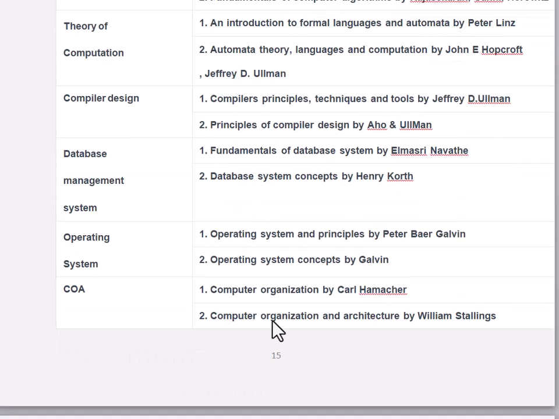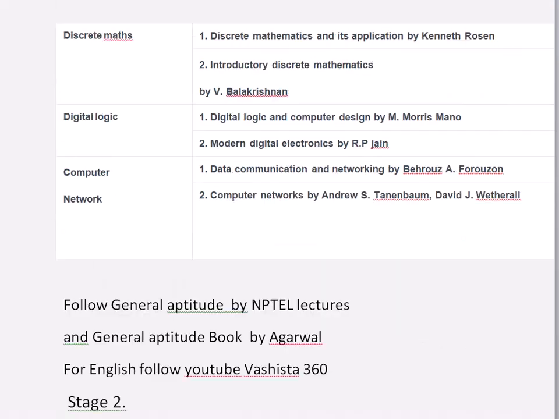Another book is Computer Organization and Architecture by William Stallings. Another subject is Discrete Mathematics. One book is Discrete Mathematics and its Applications by Kenneth Rosen. Another book is Introductory Discrete Mathematics by V. Balakrishnan.